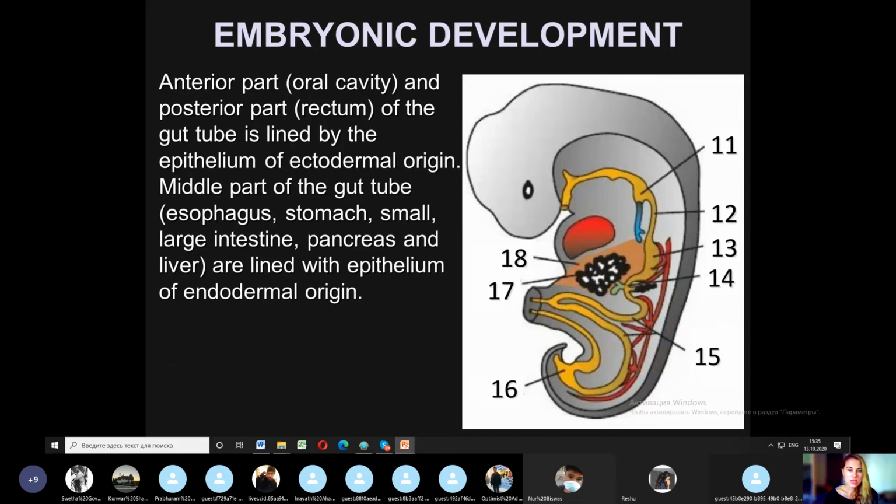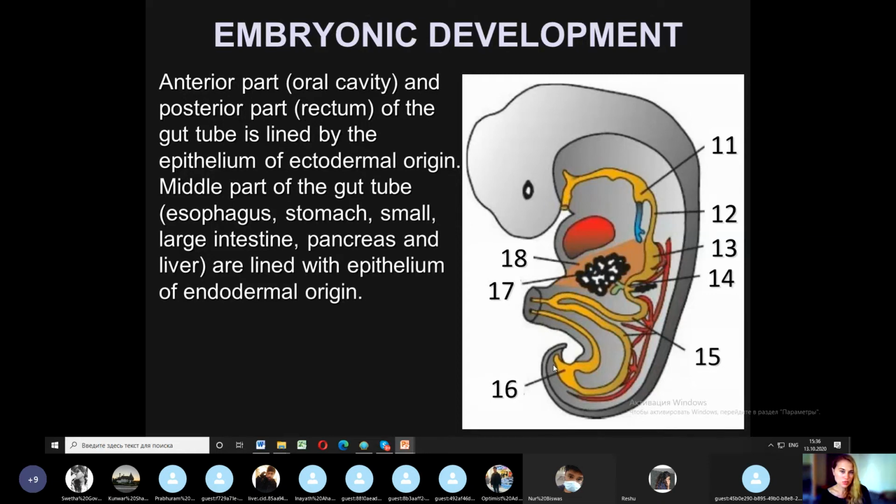So, guys, the last question that we need to talk about is embryonic development of the digestive system. If you remember from the embryology, the endoderm is a main source of the digestive and respiratory system. However, the invagination of the oral ectoderm gives rise to the components of the oral cavity and anal part, which are the anterior part and posterior part of the digestive tube.